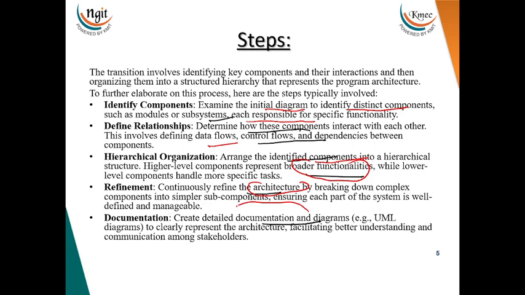Then we do documentation and diagrams. So first identify the components, then relationships, then hierarchical relationships, then move to refinement, remove the unwanted modules, and do the documentation. These are the parts we are going to do.